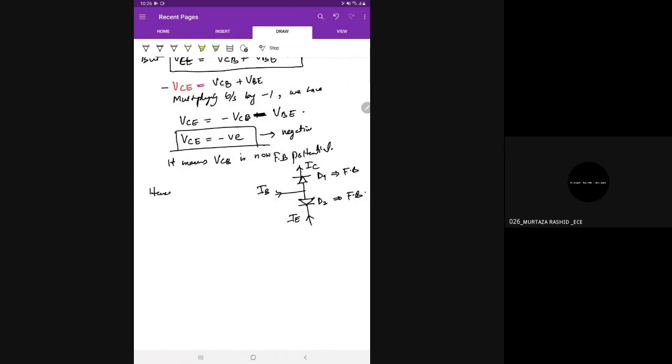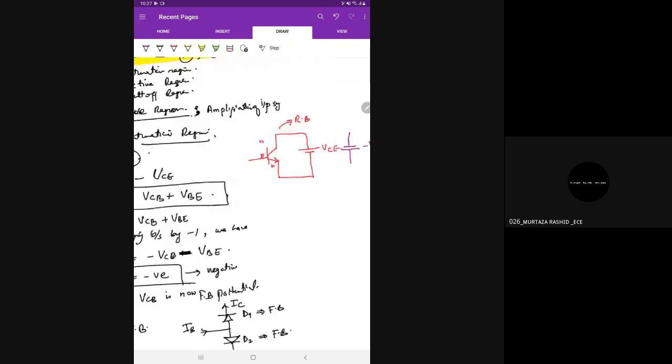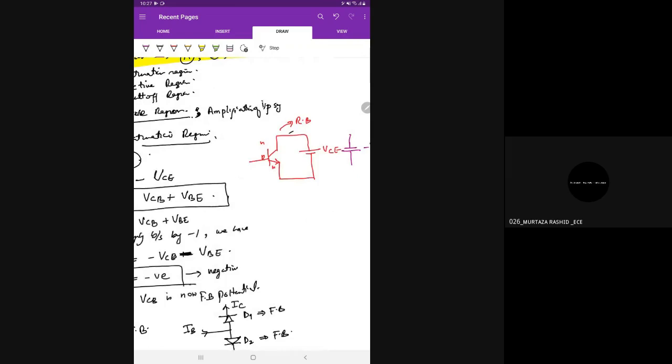Hence we can say D1 is forward biased. And if D1 is forward biased, then the direction of the collector current changes. Normally, if it is reverse biased, the direction of IC is in this way. But if it is forward biased, then the direction of current will be in this way.